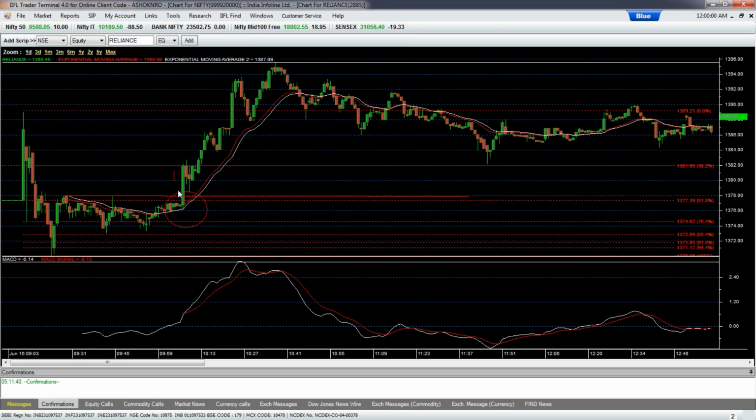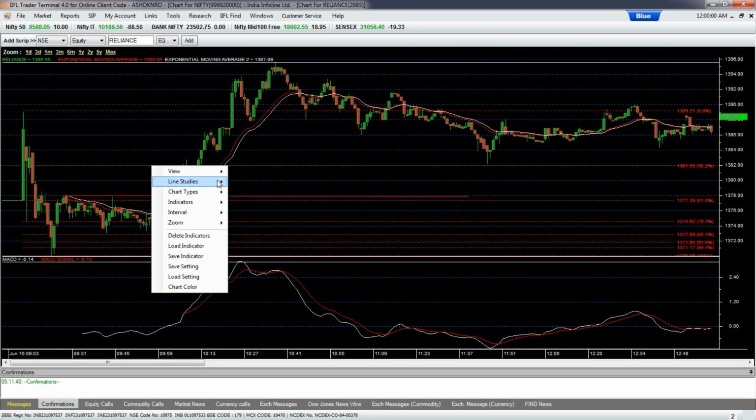It came to the levels of the support zone, it took support at the 20-21 day moving average, the Fibonacci support zone, everything is right over here in this ellipse, and everything is supporting the move higher. At the same point, what I see is MACD is elongating much more.